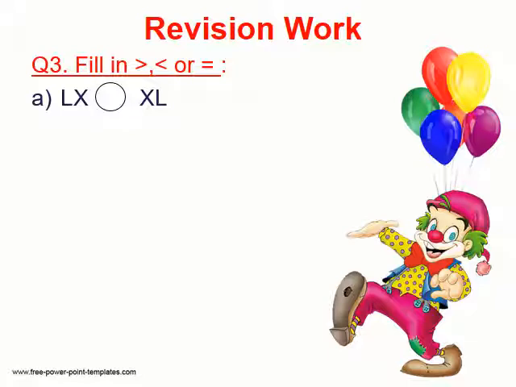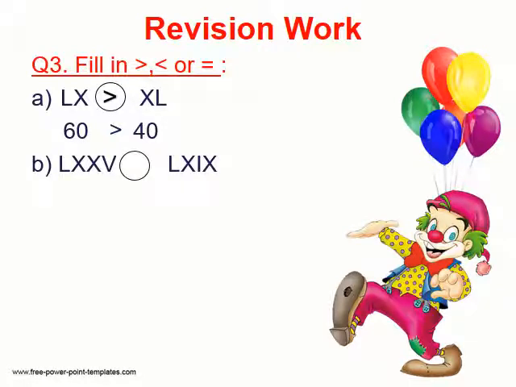The value of LX is 60 and the value of XL is 40. So it is quite clear that 60 is greater than 40. So children, LX is greater than XL. Now let's come to the B part. Here we have the Roman numerals LXXV and LXIX.